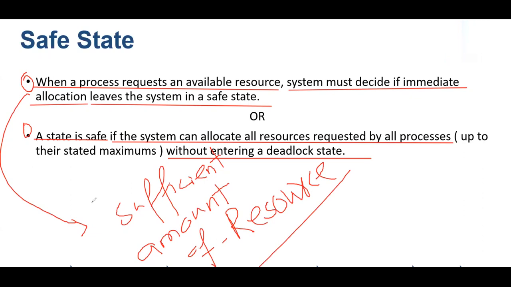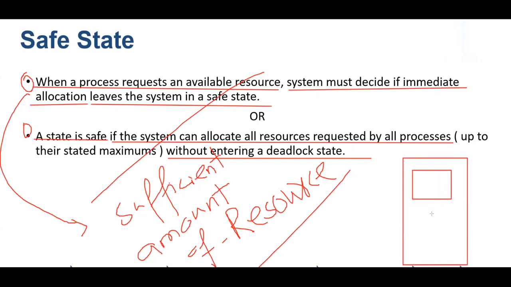Okay. So for example, let's take our previous example, the bank example. We have 3 cashiers. Let's take 2 cashiers to make it easy. We have 2 cashiers in the whole bank, and there are multiple customers. There are 3 customers, and these 3 customers are demanding different amounts of money.